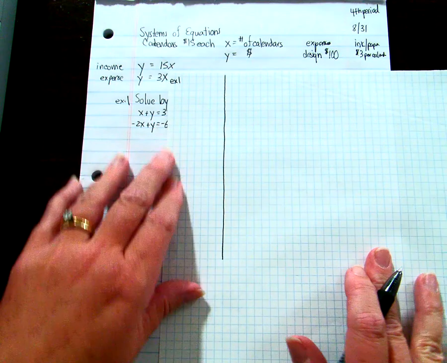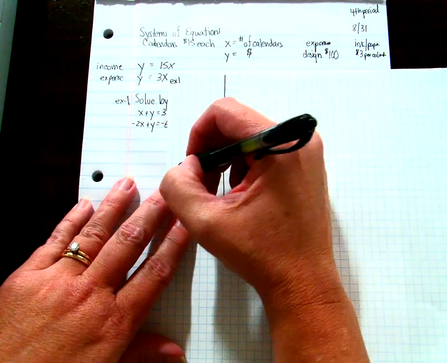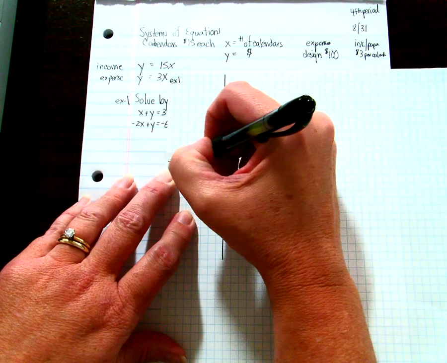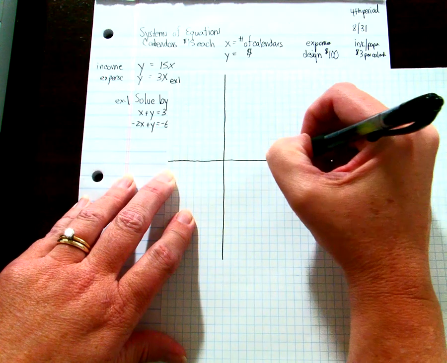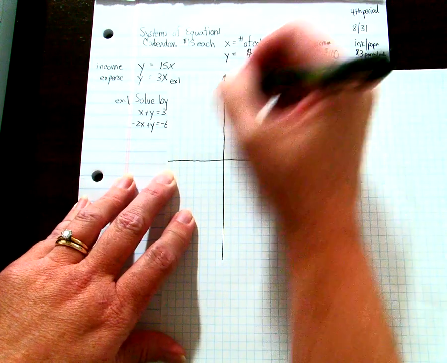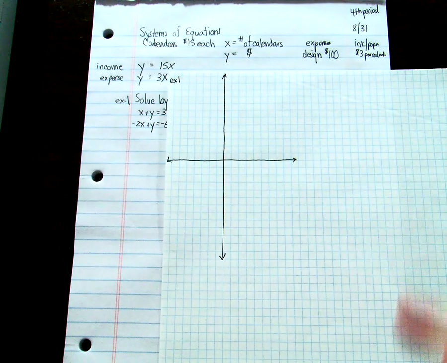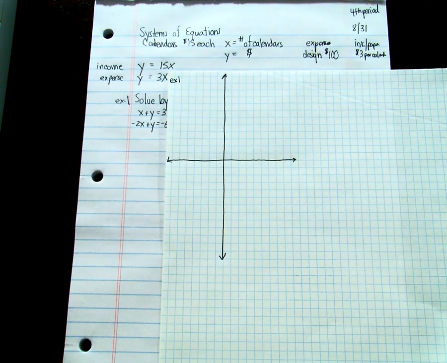Make myself a pretty good y-axis, and then come in and draw your x-axis. Put your arrows on the ends. Precision is really important today with what we're trying to accomplish here.